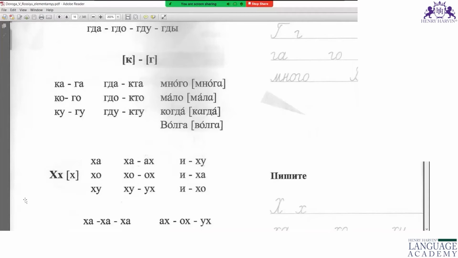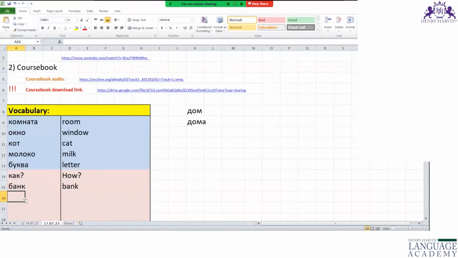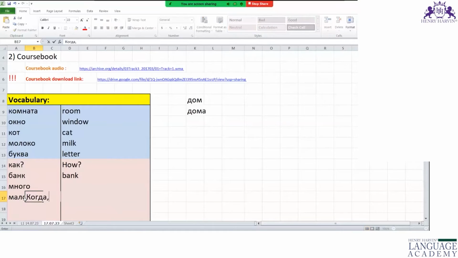Again, let's write them down. Много, мало, когда. Okay. Много, мало, когда. Много means a lot. Мало is a little. И когда is when.